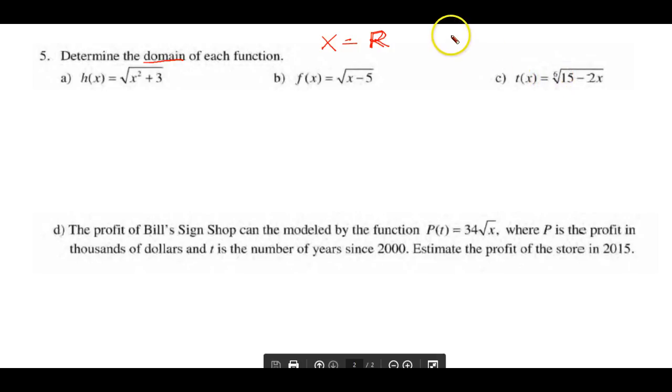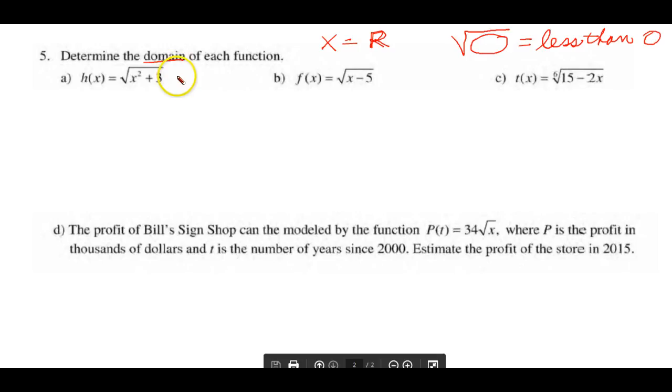We cannot have what is in the radicand ever be a number less than 0. Because then that would make our radicand negative, and that's not a real number.